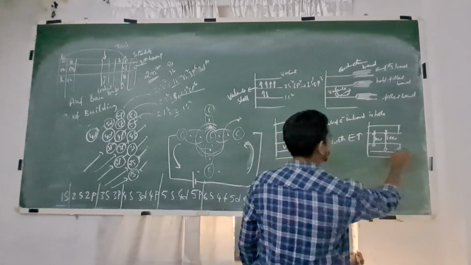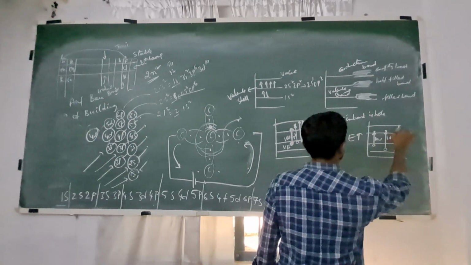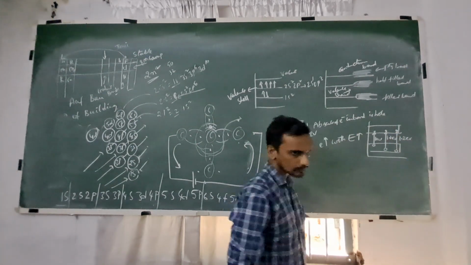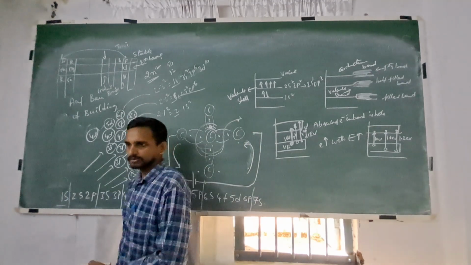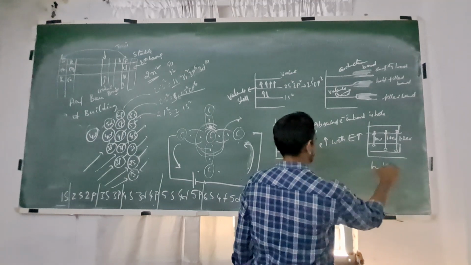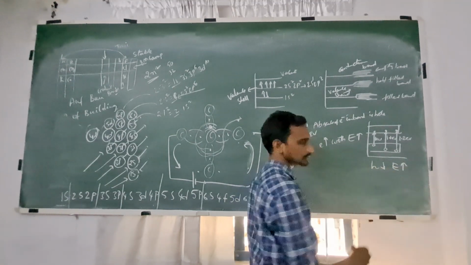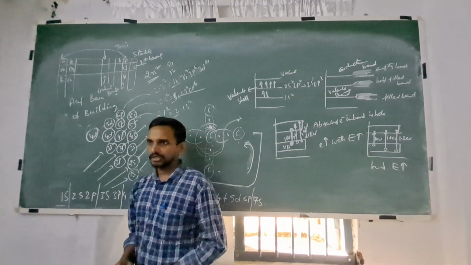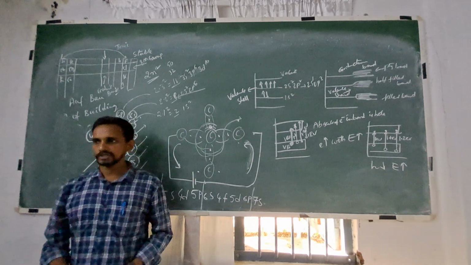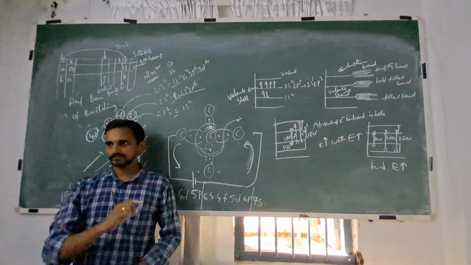Even more, I can break a bond at a lower level. So the hole moves downwards as I give energy, whereas the electron moves upwards.